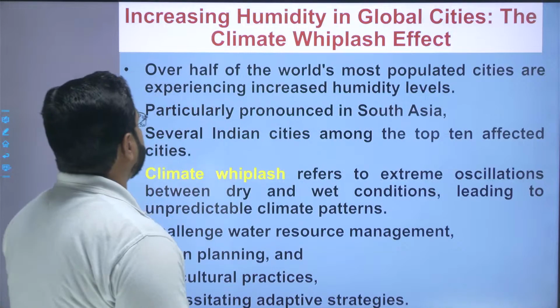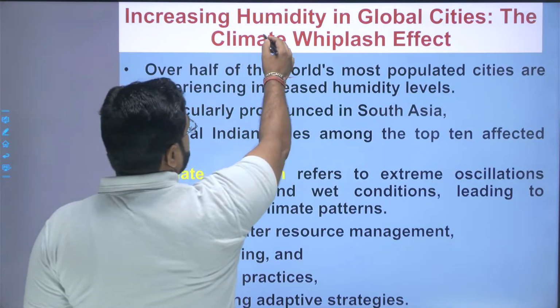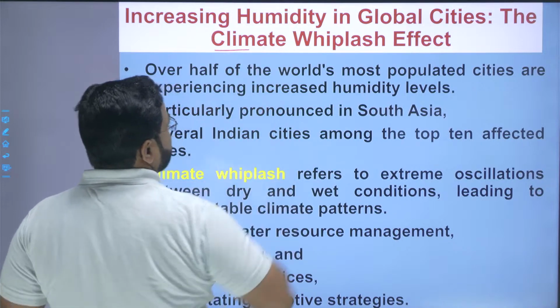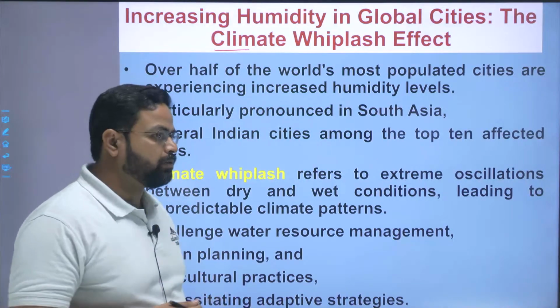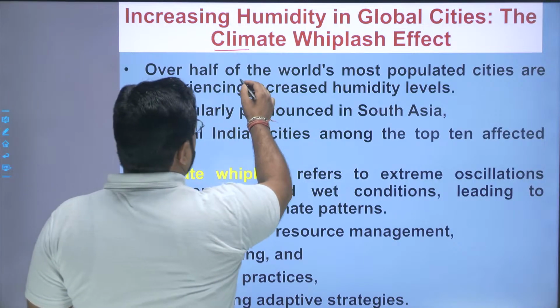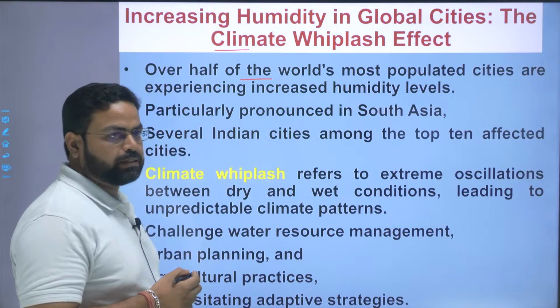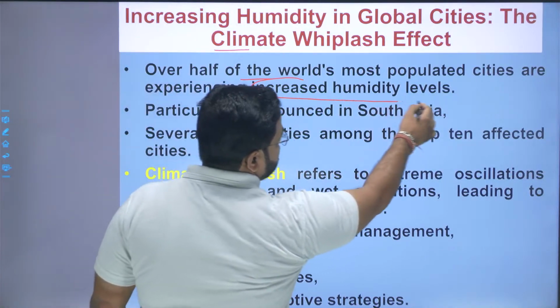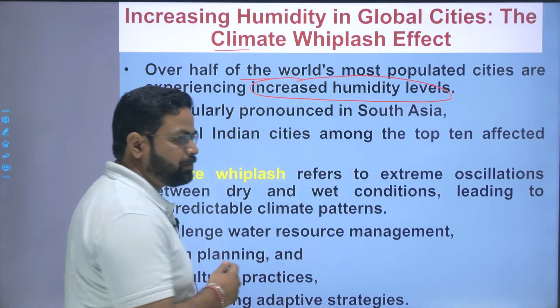Now, the next topic is increasing humidity in global cities and the climate whiplash effect. Over half of the world's most populated cities are experiencing increased levels of humidity in their atmosphere.